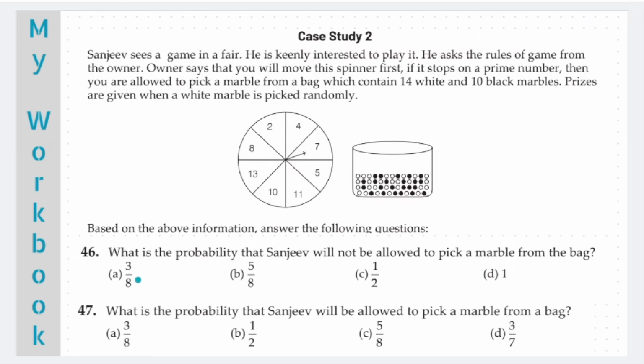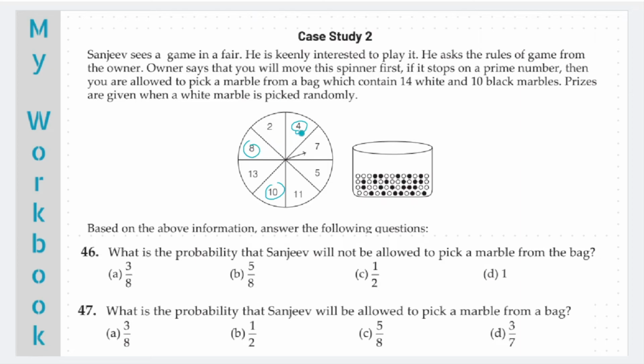Question number 46. What is the probability that Sanjeev will not be allowed to pick a marble from the bag? So he will not be allowed to pick a marble when the spinner stops at any of the composite numbers. What are the composite numbers here? 4, 10, and 8.